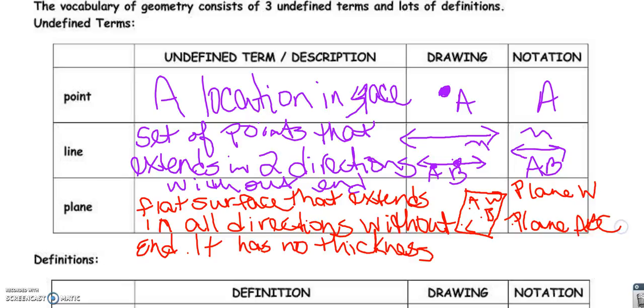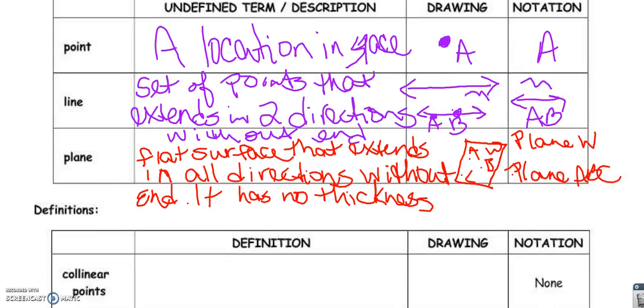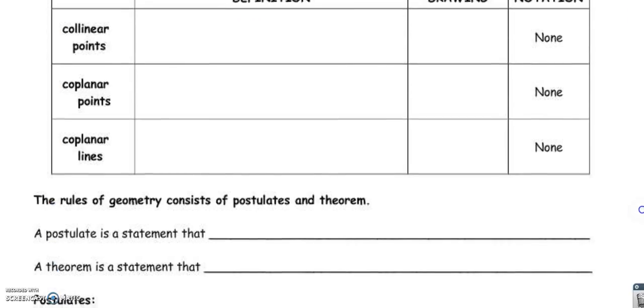Okay, we'll talk more about them later. Planes, like I said, are a little harder to wrap your mind around than a point or a line, but they're very important. They're one of the basic parts of geometry, so we need to understand it.